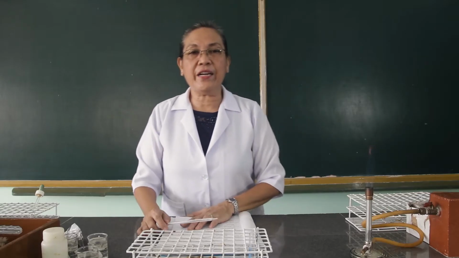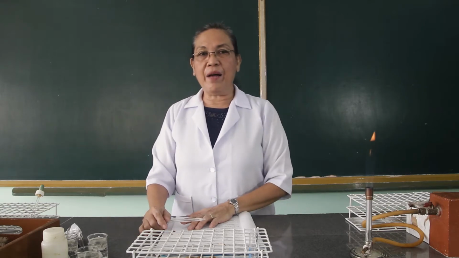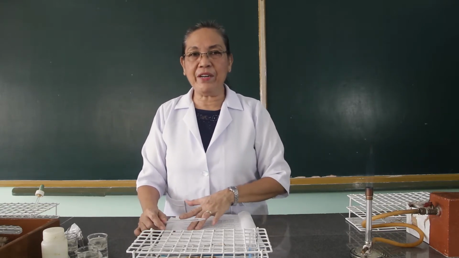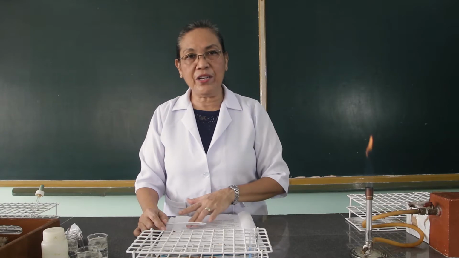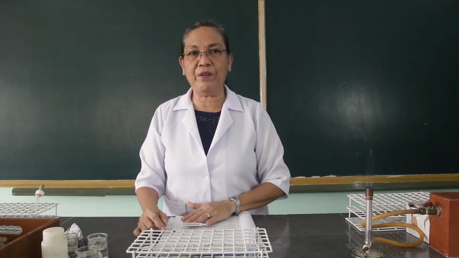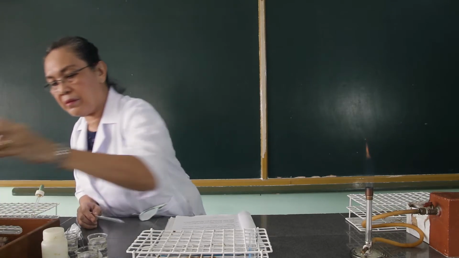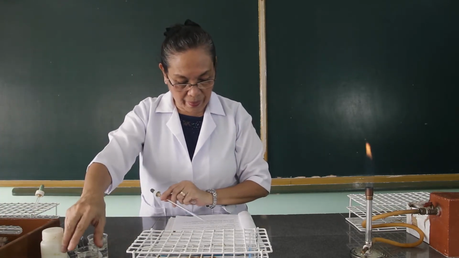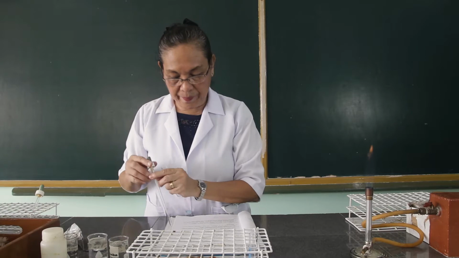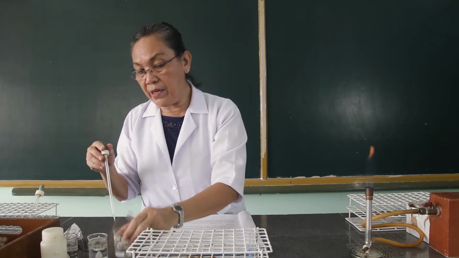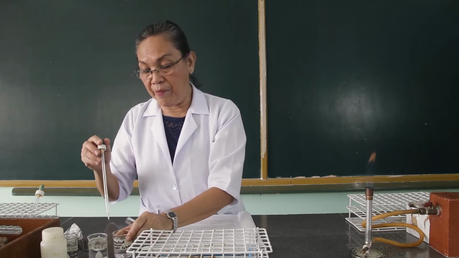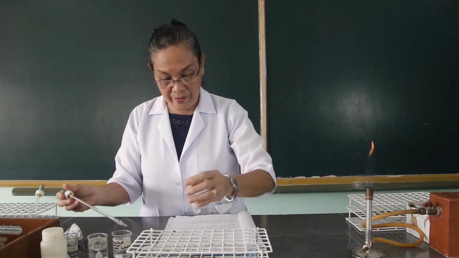The next procedure is we are going to add ammonium chloride and ammonium hydroxide to magnesium chloride, then ammonium carbonate. So let's get 4 drops of the ammonium chloride.